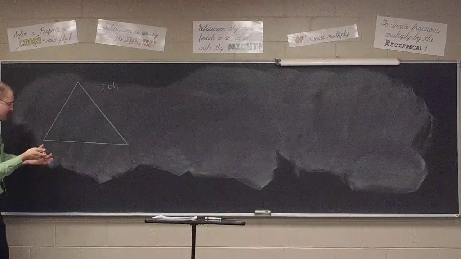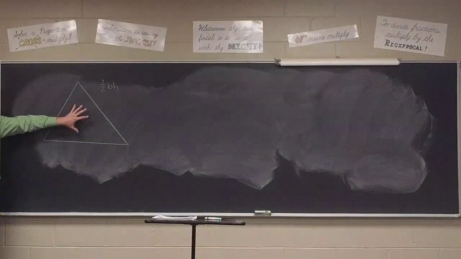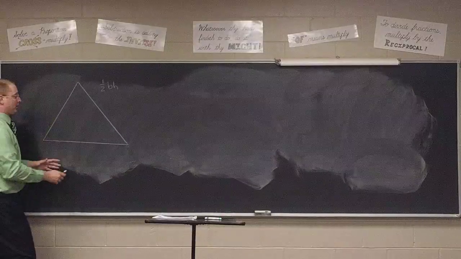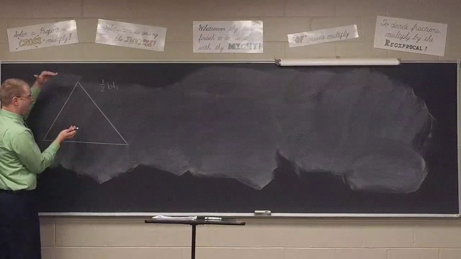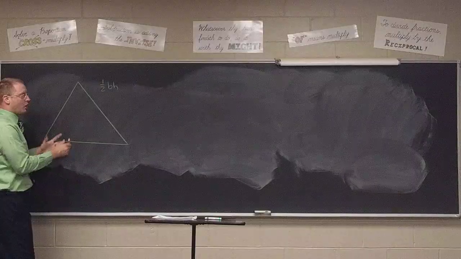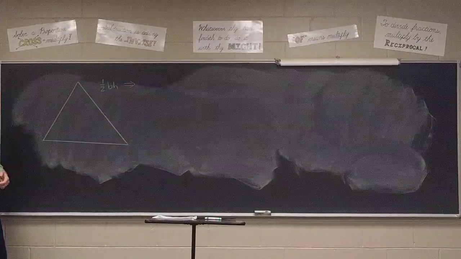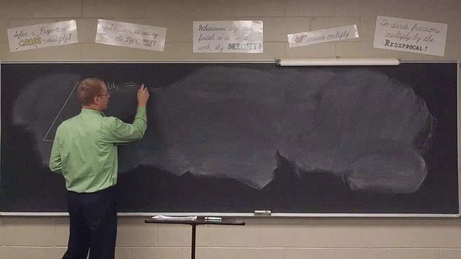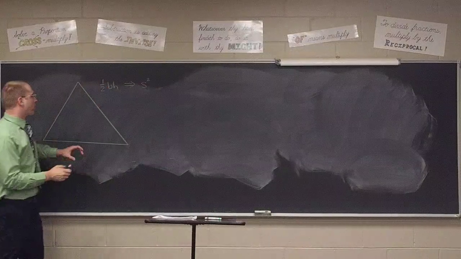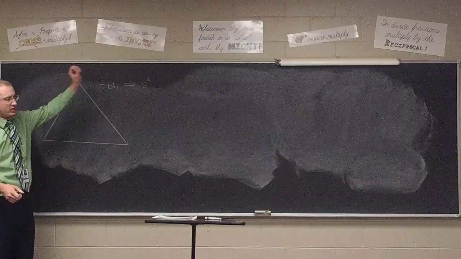So the substance inside this triangle can be shown algebraically by multiplying the base times the height and taking half of that. But we want to transform this into what figure? A square. What's the formula for the area of a square? S squared. So we somehow want to take a half base height and morph it into S squared.